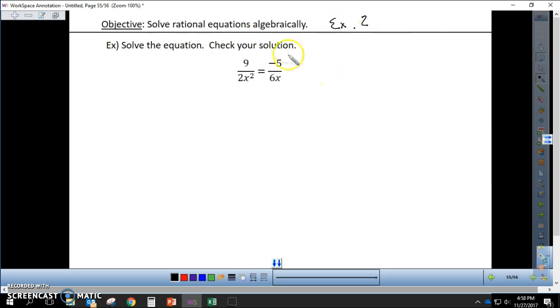So for this example, we're asked to solve the equation and to check our solution. The first thing that we need to do right away is identify excluded values. These values will produce a 0 in our denominator.